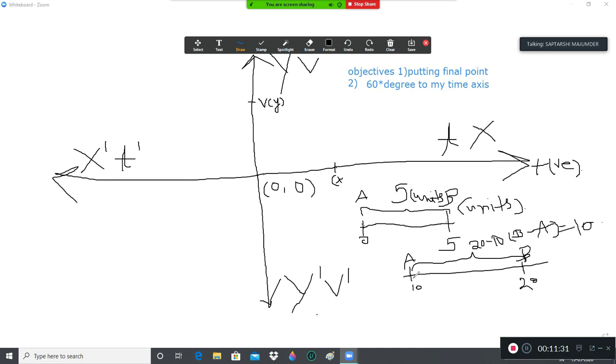So 10 units is the length of this line, not 20 units. So this is a tricky one. If I consider from 0 to 5, then saying that this point is the line is a misconcept. From 0 to 5 doesn't mean that the point is 5.